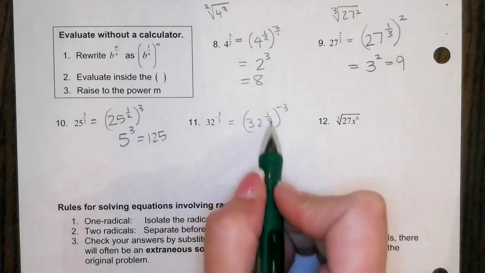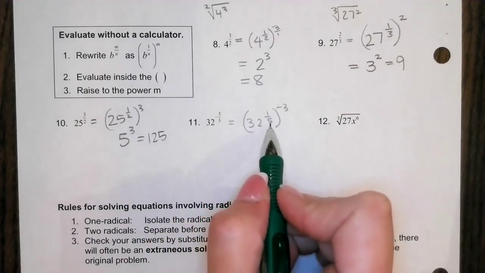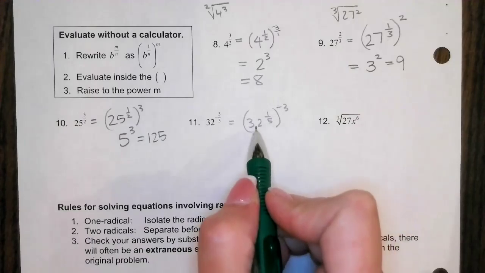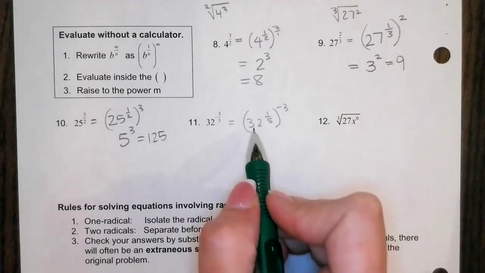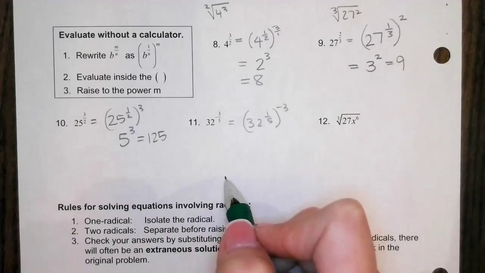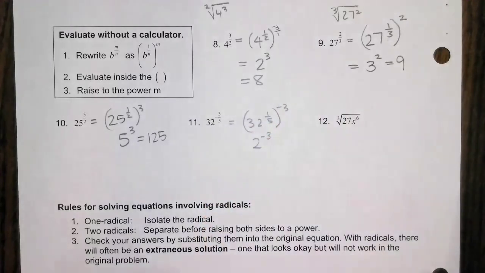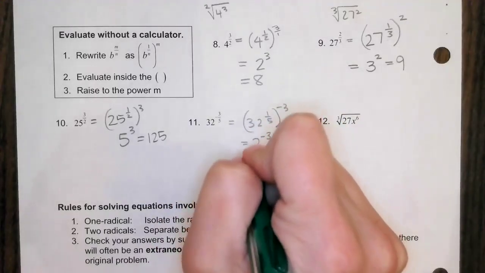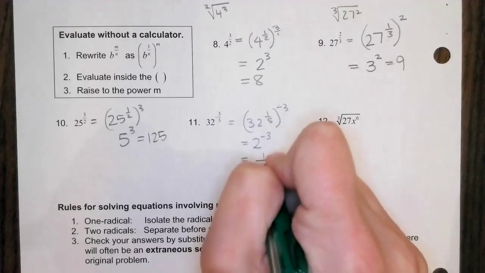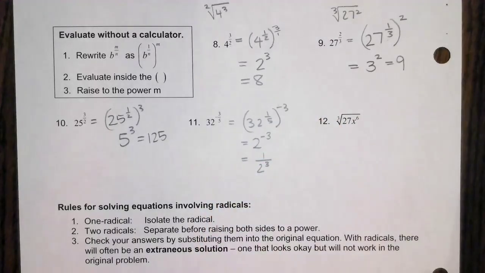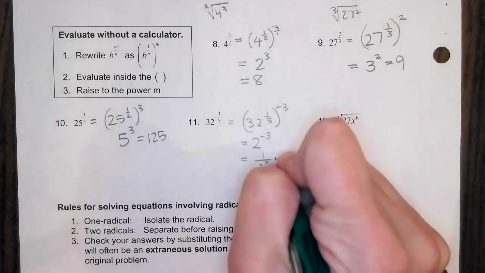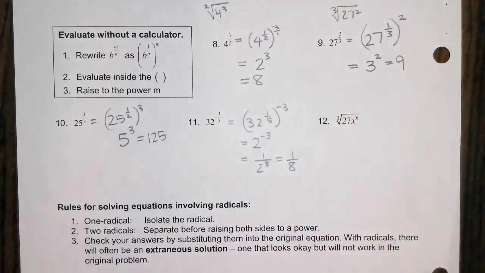But anything that's this big here, you're looking for what multiplied times itself 5 times to give you 32. So it's going to be a pretty small number. And so 2 times 2 times 2 times 2 times 2 would be the answer to that. So that is 2 to the negative 3rd power. Now, when we have a negative exponent, we said we do the reciprocal. So we're going to change that to 1 over 2 cubed, which is 1 over 8.